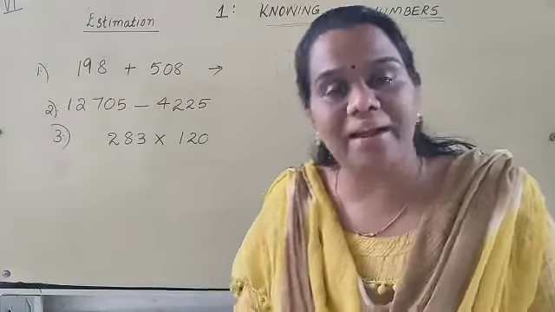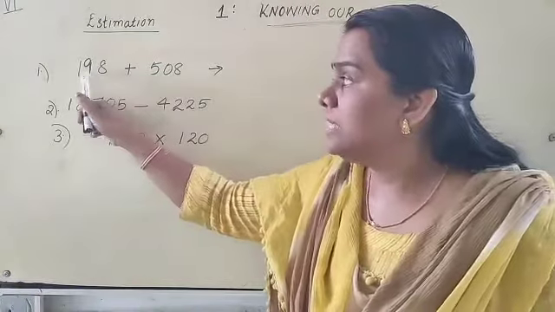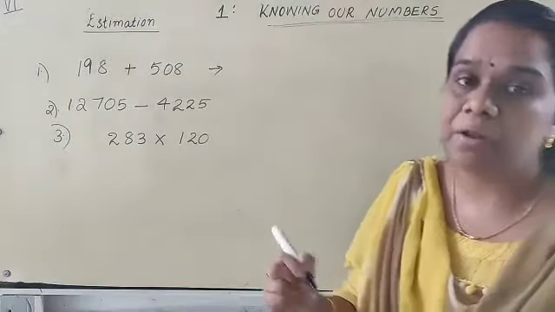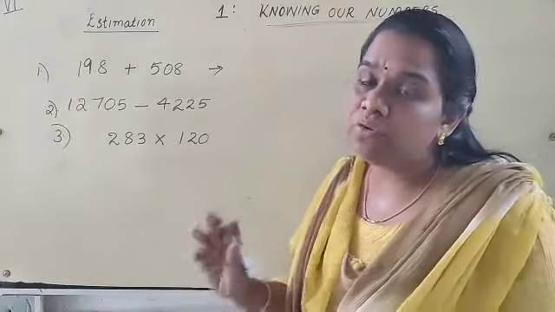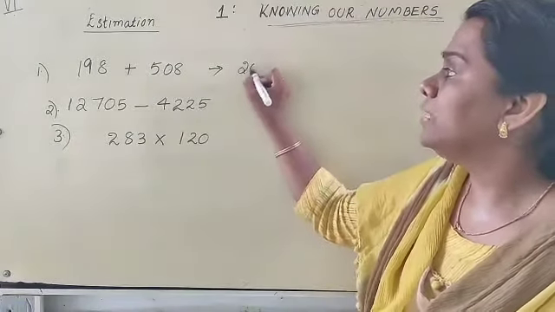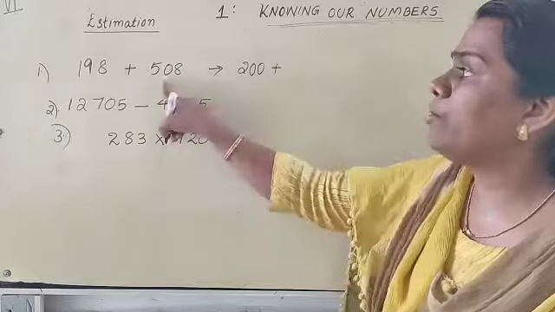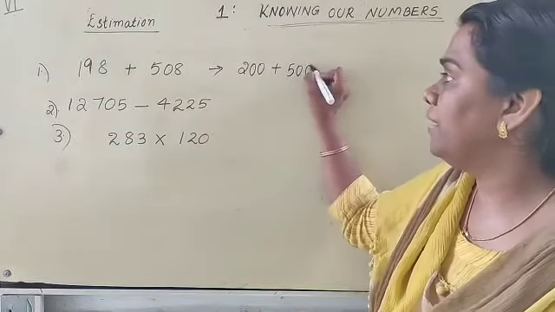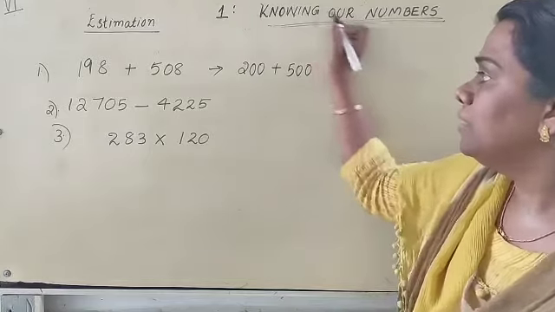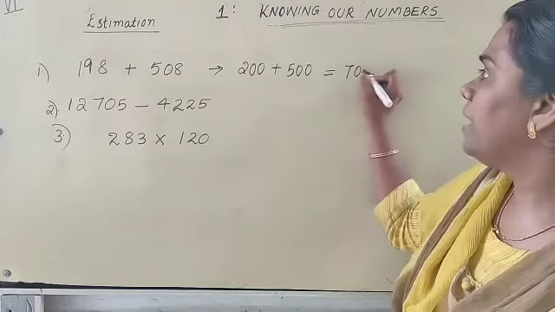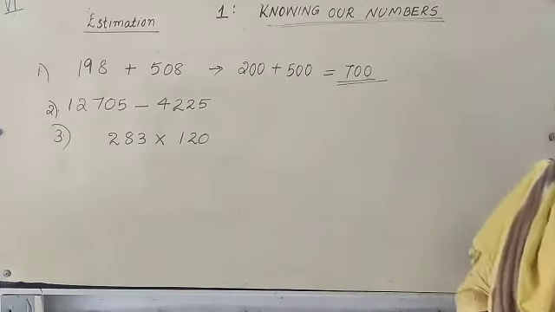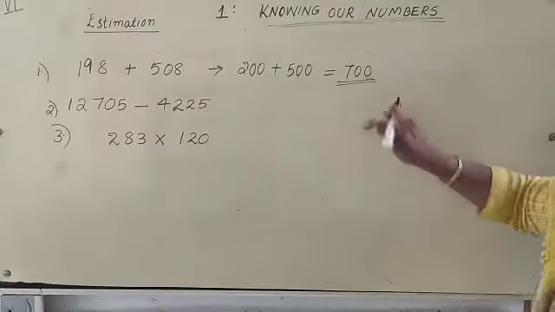Both the numbers are in the hundreds, so we round off to the nearest 100. That is 200 plus 508, and 508 we round off to 500. So what is our answer? 200 plus 500. The estimated sum is 700.